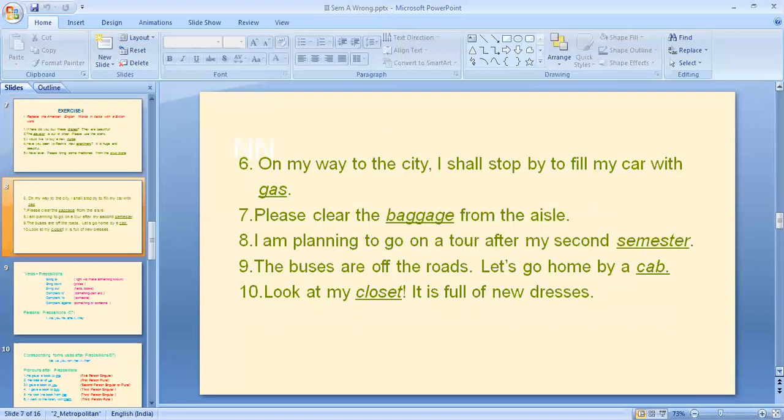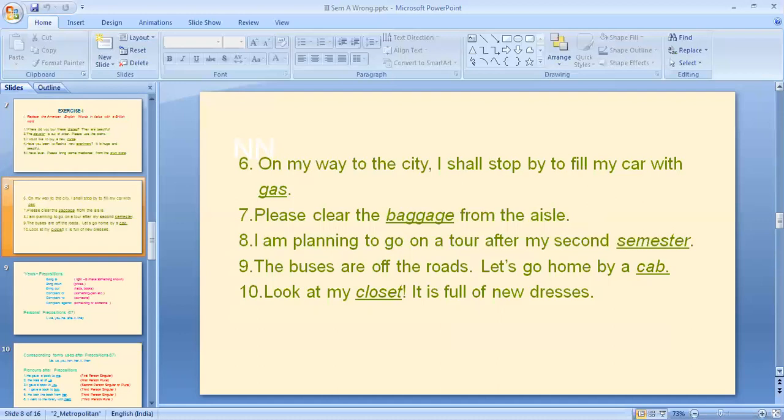And sentence number 6. This is an American sentence. On my way to the city, I shall stop by to fill my car with gas. Americans say, while going to the city, on the way, I have to stop by some place to fill my car with gas.